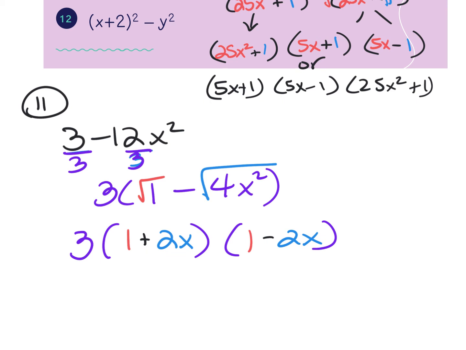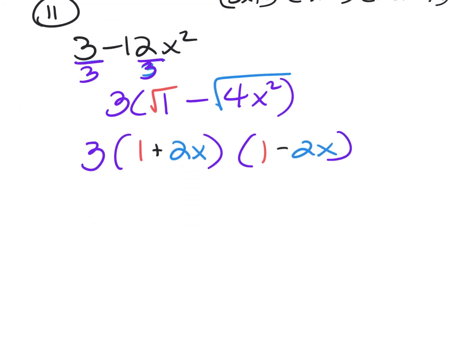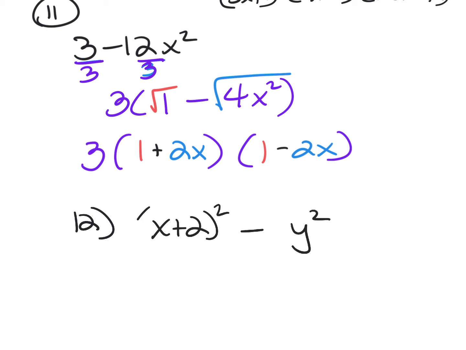Number 12 is also the difference of two perfect squares. Let me rewrite 12 down here. X plus 2 squared minus y squared. These are your two terms, here and here. They're both perfect squares. So what I'm going to do is I'm going to square root and square root.